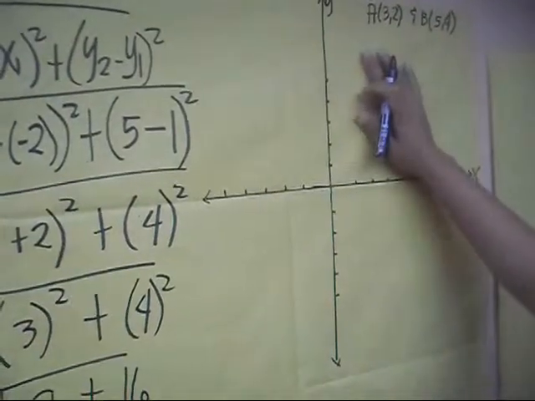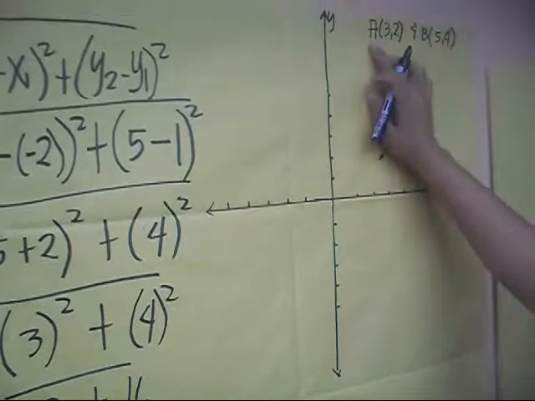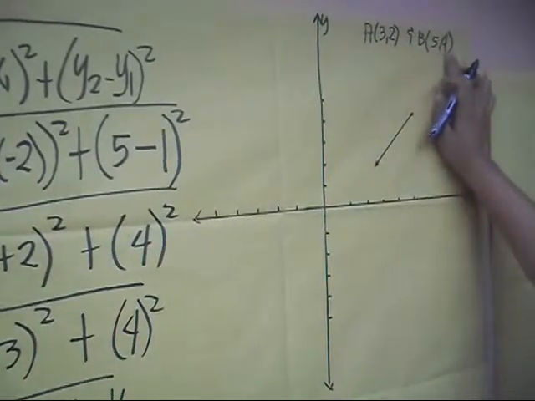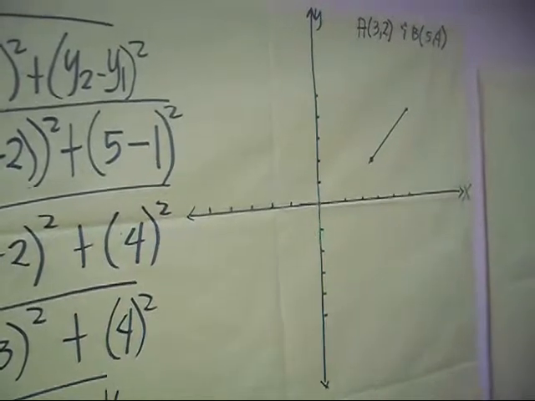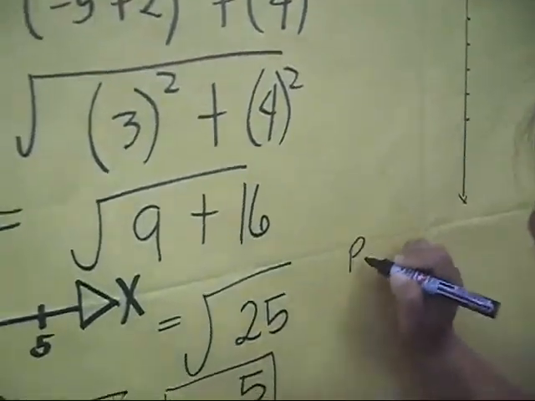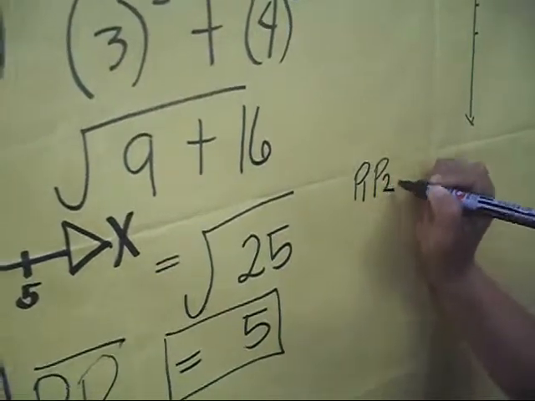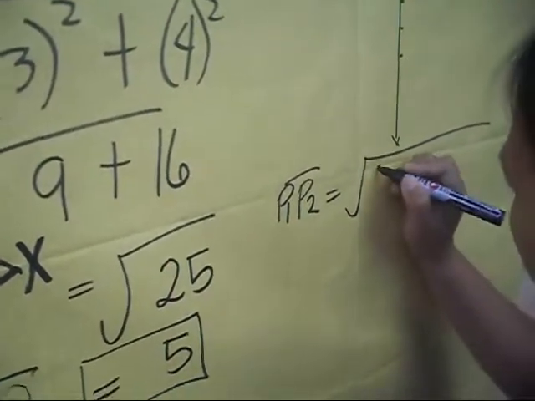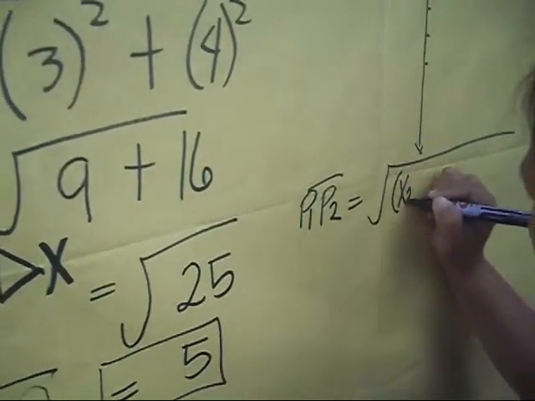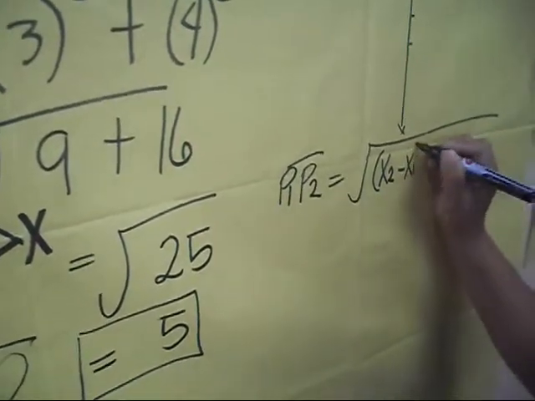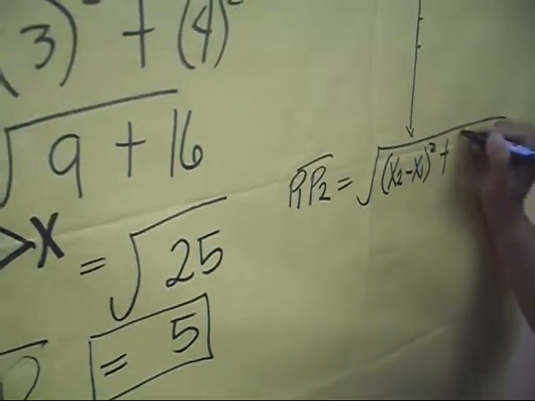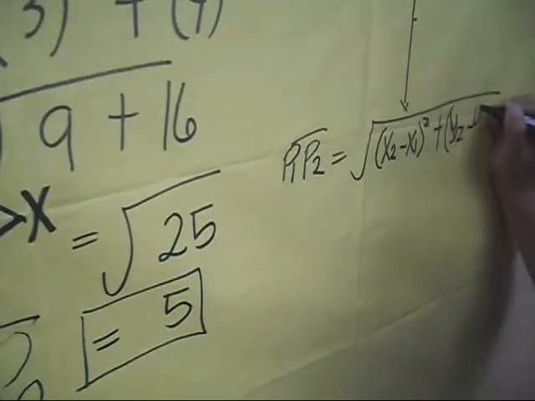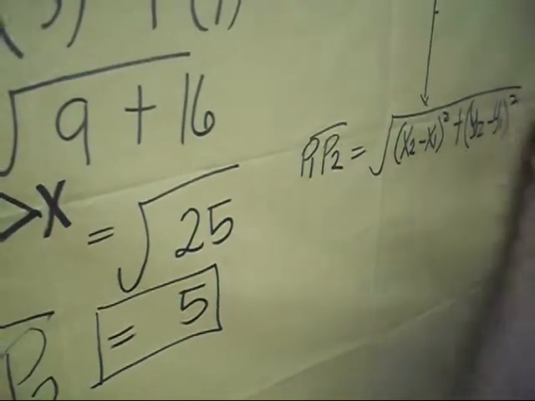And here is the other example. A with the coordinates of 3, 2, and B with the coordinates of 5, 4. Let's solve. P1, P2, square root of x sub 2 minus x sub 1 squared plus y sub 2 minus y sub 1 squared.